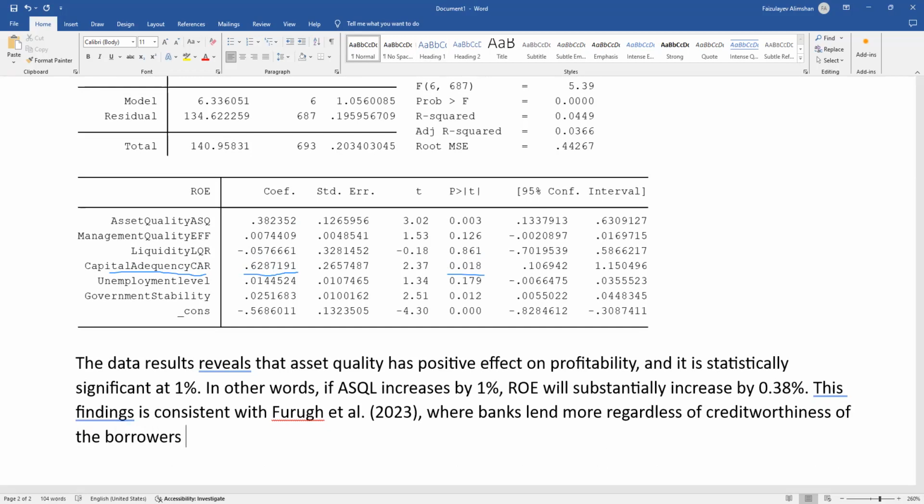Where the banks lend more regardless of the creditworthiness of the borrowers. As a result, interest generated on loans will increase. So this is the explanation why the asset quality has got the positive impact on profitability.